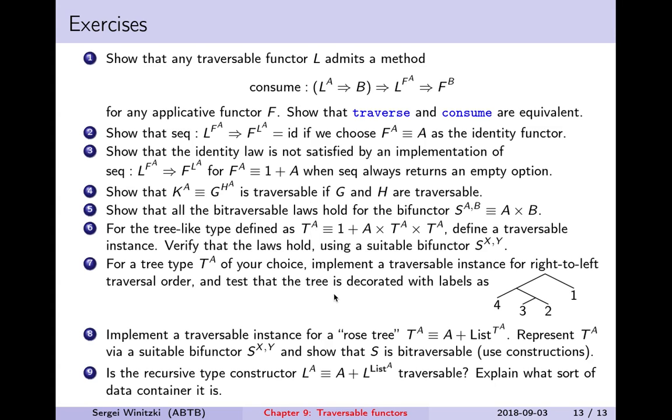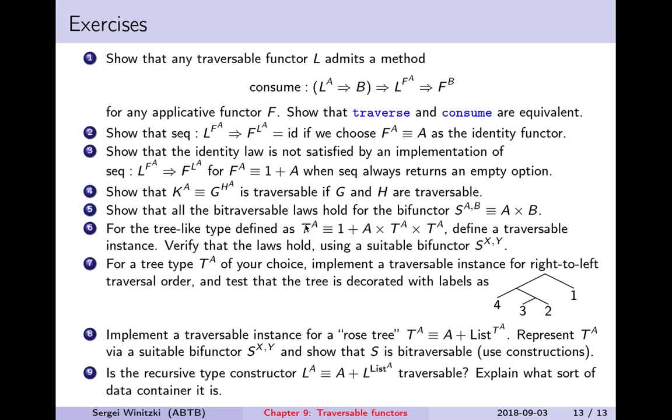Let me just comment on this exercise. I don't want you to prove laws by hand for this functor t. It's cumbersome, but instead use constructions. So we have proved general constructions.